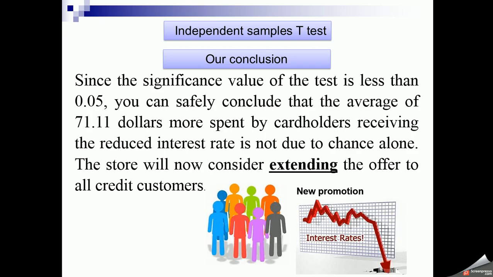So we can conclude that since the significance value of the test is less than 0.05, we can safely conclude that the average $71.11 more spent by the card holders receiving the reduced interest rate is not due to chance alone. The store will now consider extending the offer to all credit customers.